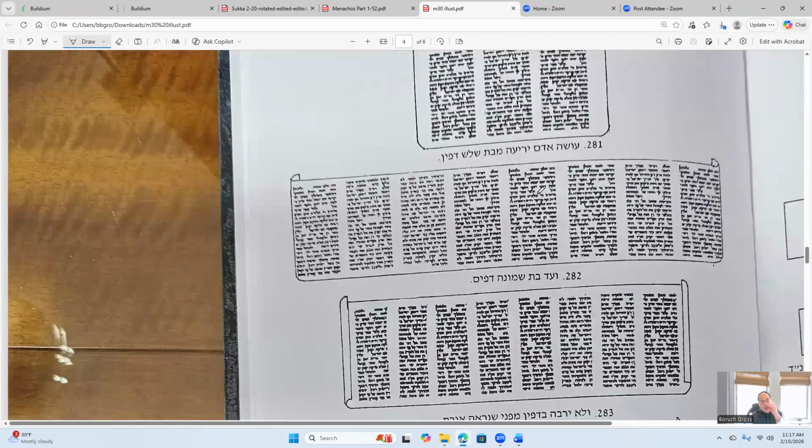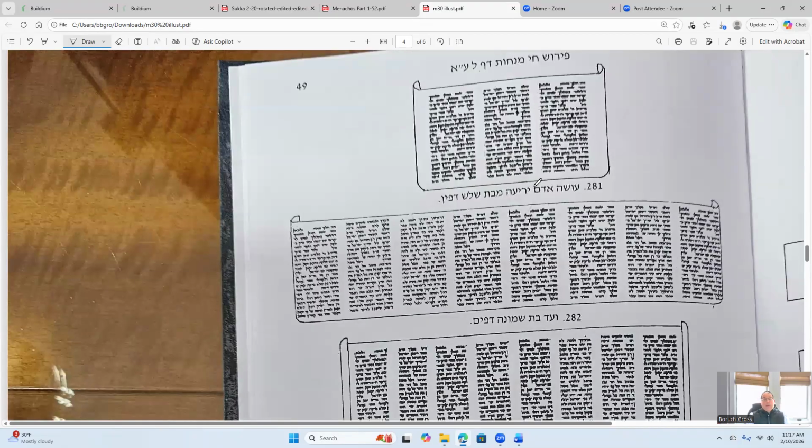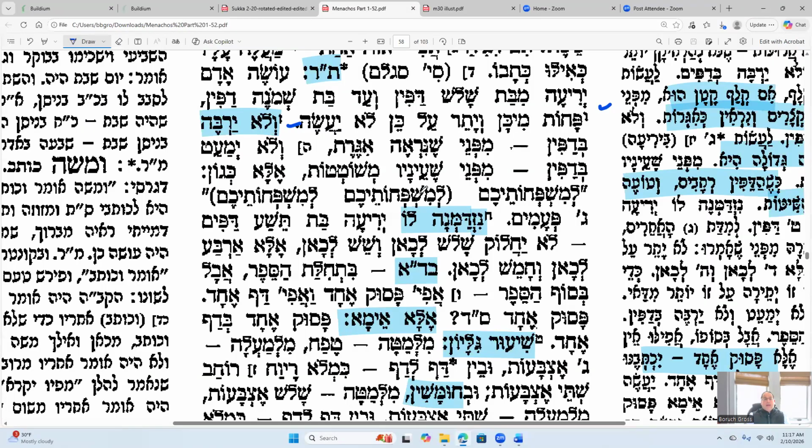So basically, in an average piece of parchment, you could have roughly between 3 and 8 columns. But if you're less than that or more than that, you shouldn't do it.